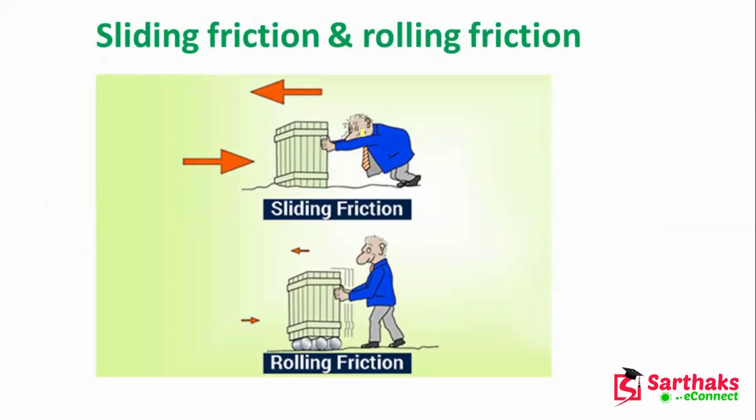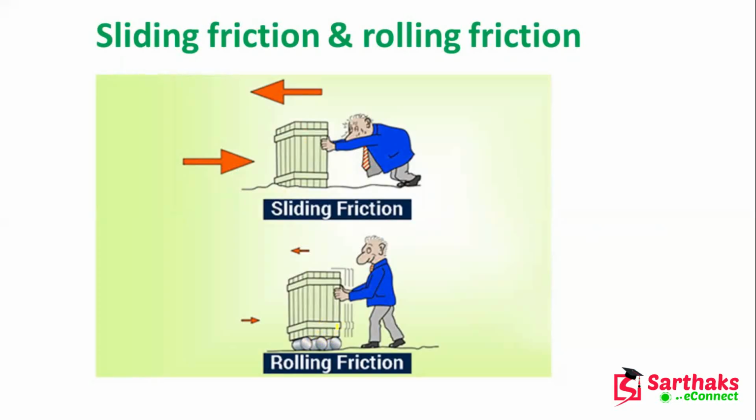So here you can see he is trying to slide some object, and here sliding friction is acting. And here you can see that some rollers are there under the object.